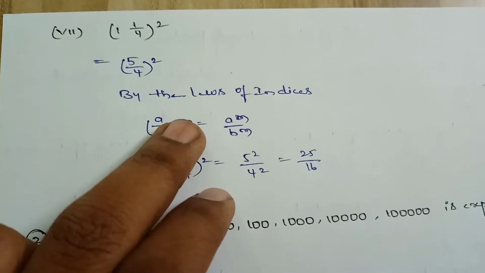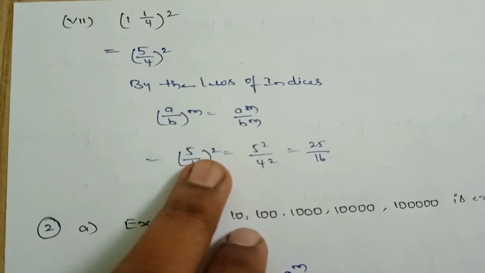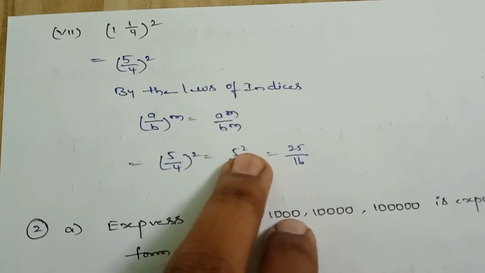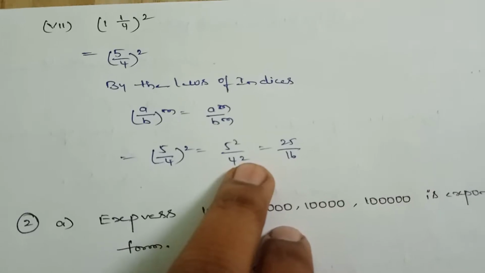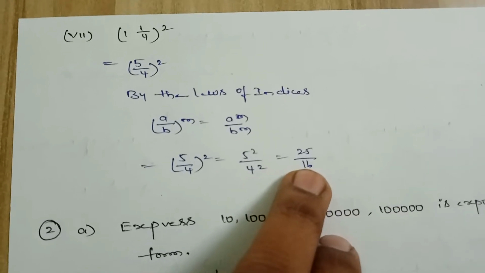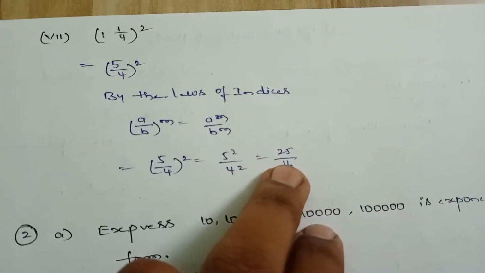So this can be written as a power m by b power m. That indicates 5 square by 4 square. 5 is repeated 2 times, 5 into 5 is 25. The denominator part is 4 square, that is 4 into 4, which is 16. That's it. There is no cancellation, so you can stop the step here itself.